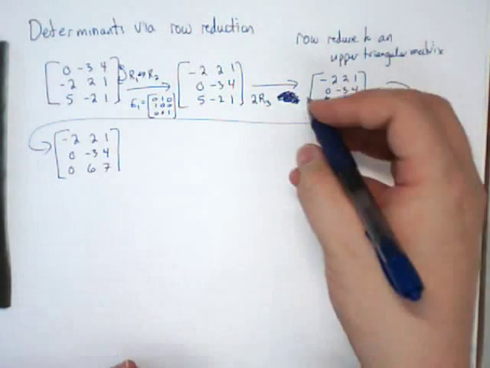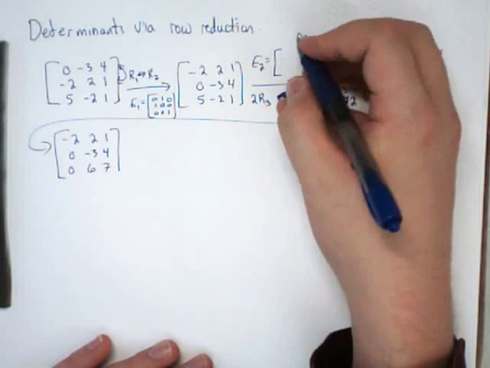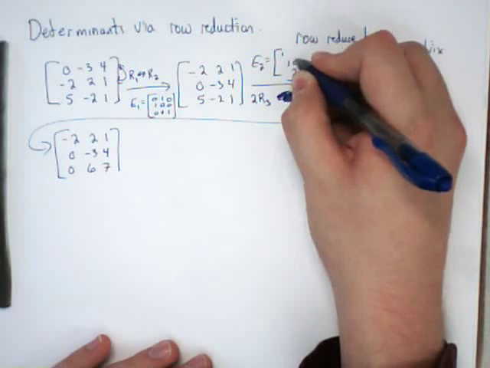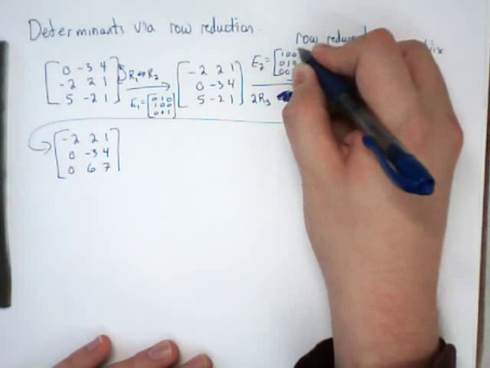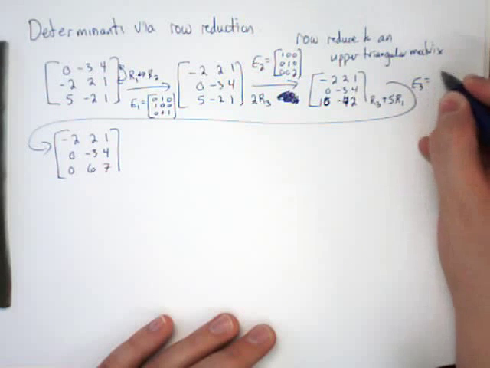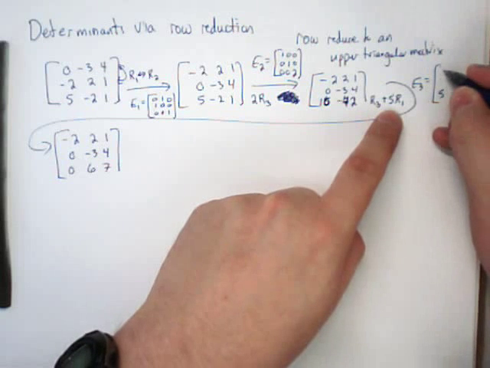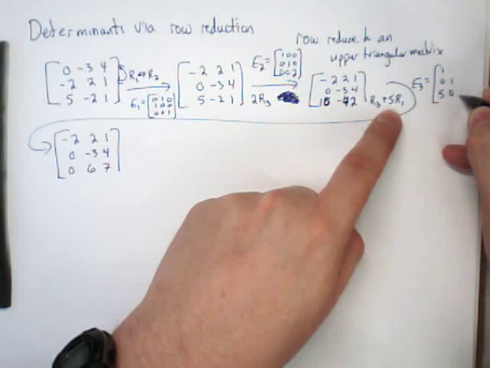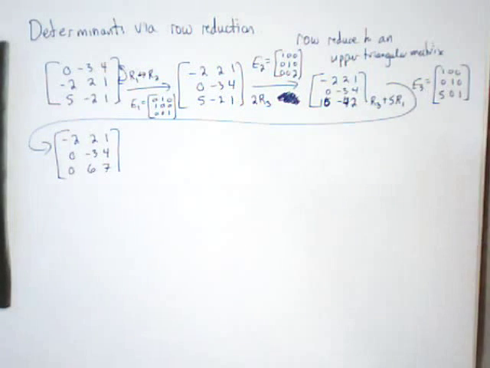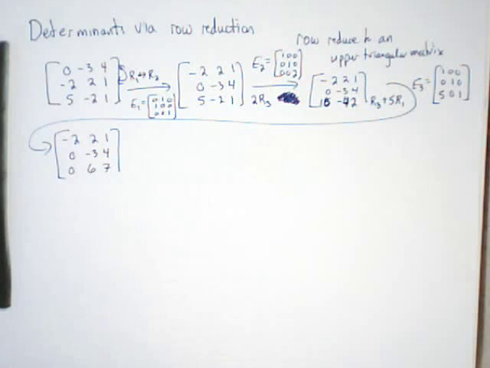In this one, we took row 3 and multiplied it by 2, so here's the elementary matrix. Then we have an E3, where we're taking row 3 plus 5 row 1, so I'll put a 5 there. Each time we go, we're just multiplying by an elementary matrix.